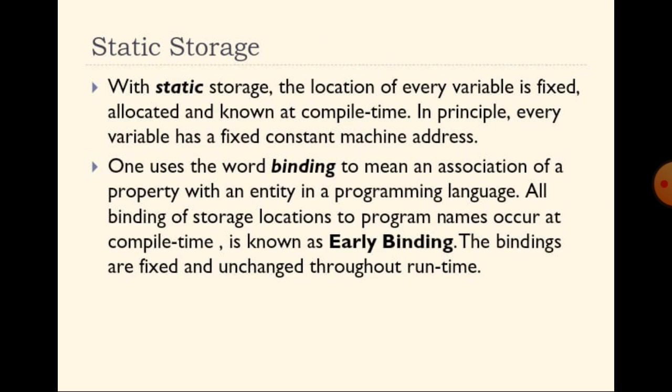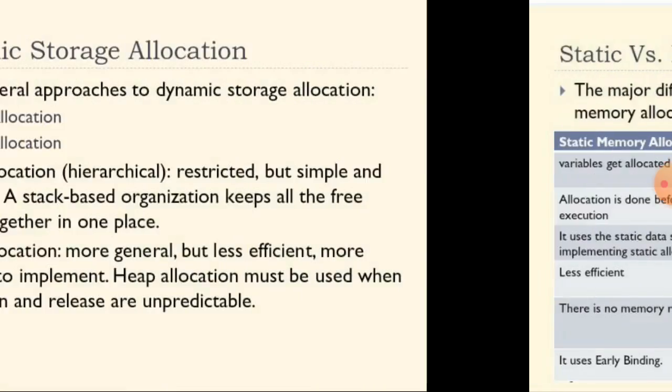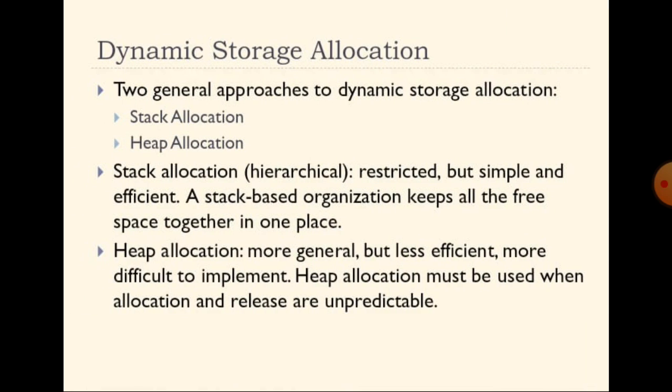The drawback with static storage allocation is that the size and position of data objects should be known at compile time. In dynamic storage allocation, there are two approaches: stack allocation and heap allocation.